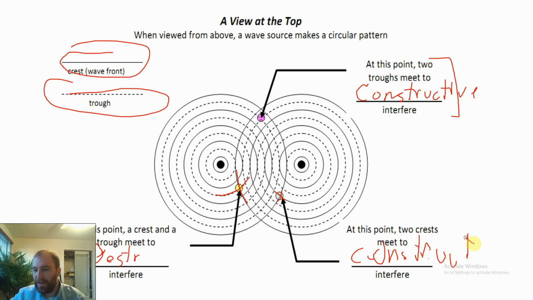Sorry, I'm writing this with my mouse, it's going really badly. I miss my smartboard. Alright, constructive interference. So that's what this diagram is about. That's what you're looking at.